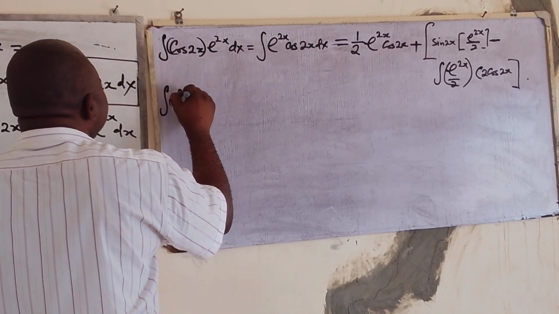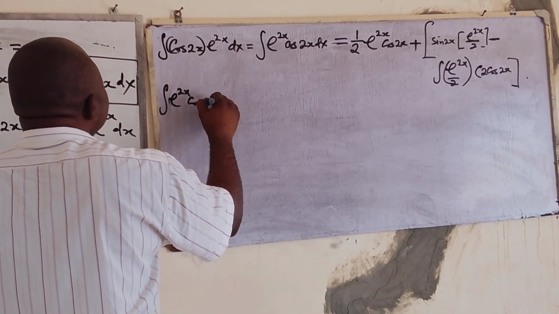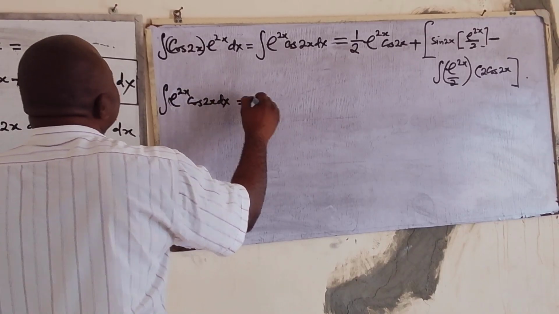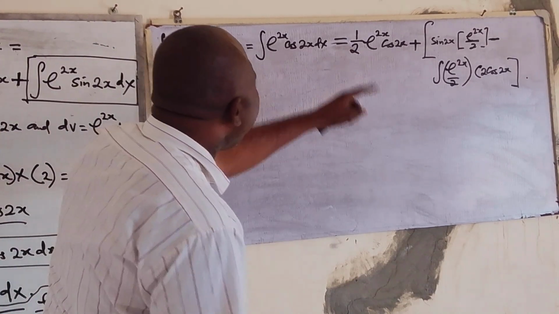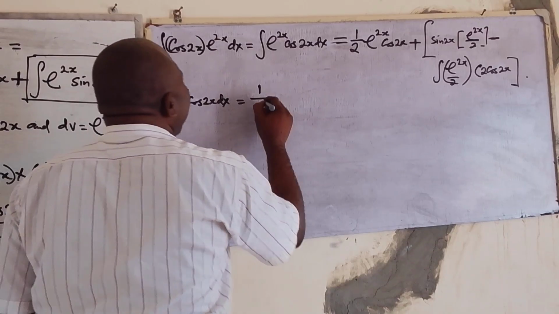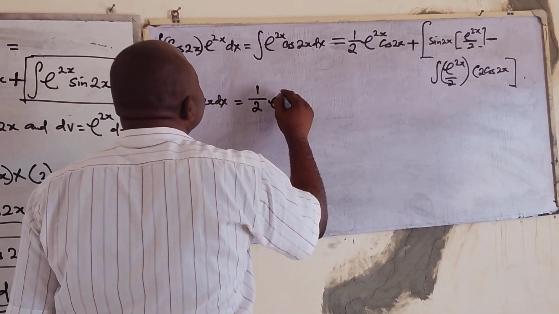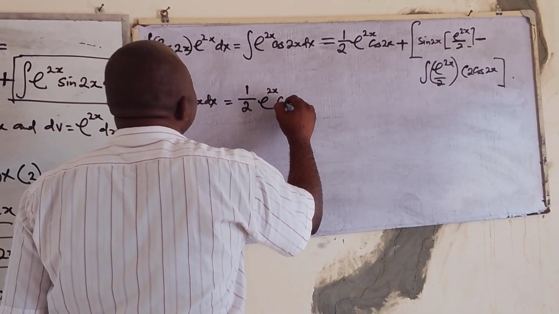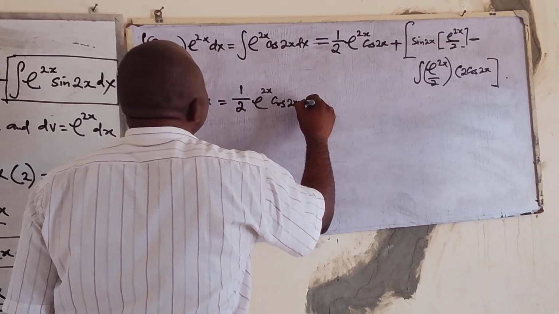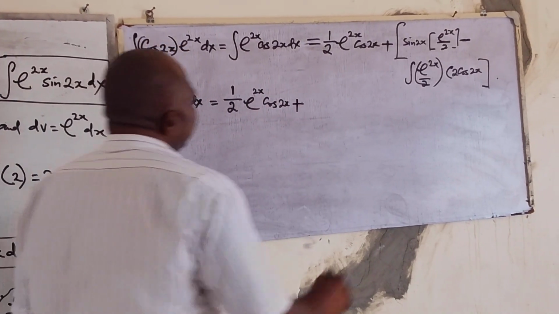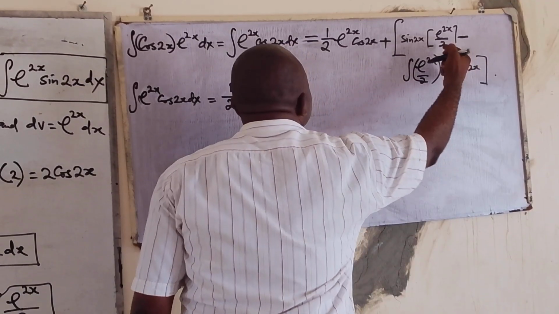we have the integral of e power 2x cos 2x dx will be equal to 1 all over 2 e raised to the power of 2x cos 2x plus, now this is a constant, so I can bring this out.